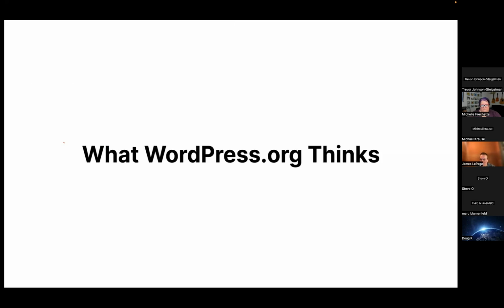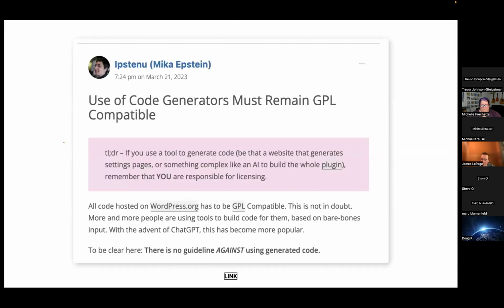So let's talk about what WordPress.org thinks specifically about code generation. They put out a statement and it's linked here, and I can put the link in the chat if anybody's interested in actually reading it. But essentially what they said is if you're creating code, it's up to you to make it GPL compatible.